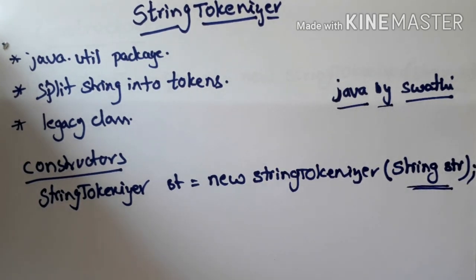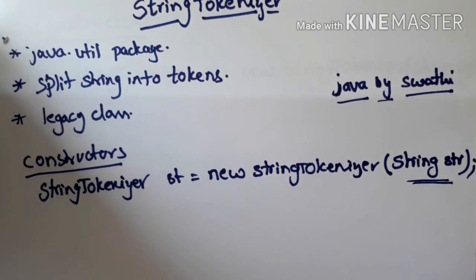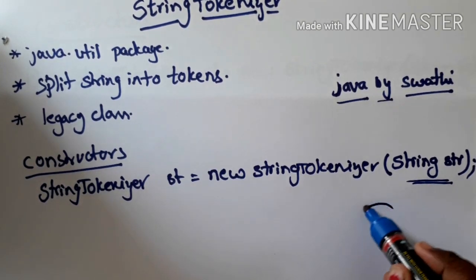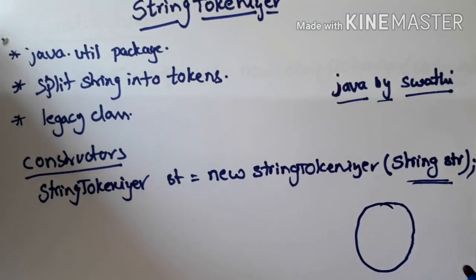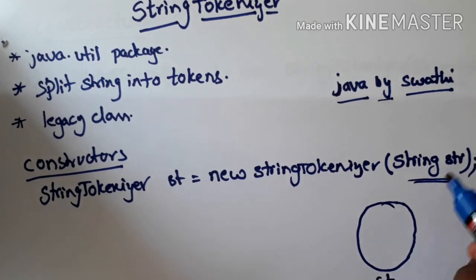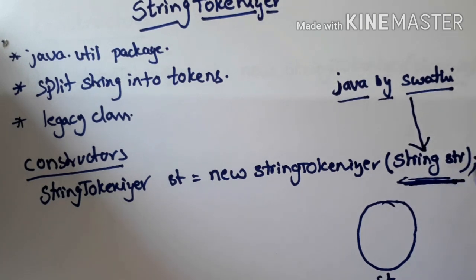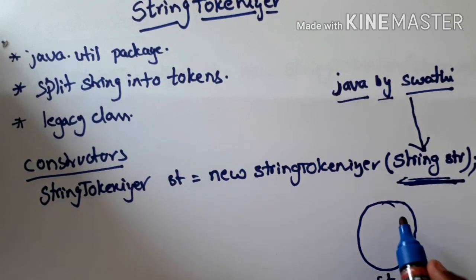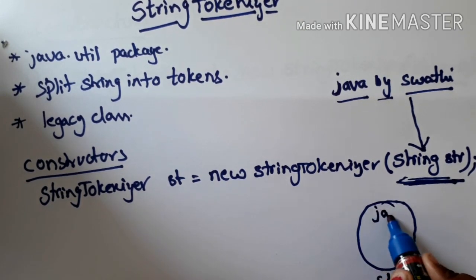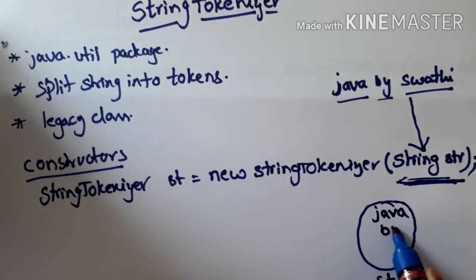So what does this do? This will create a StringTokenizer object, and whatever string we pass here, assume I have passed the same string "Java by Swati", this string will be divided into tokens and all the tokens will be placed inside this StringTokenizer object st. So three tokens.